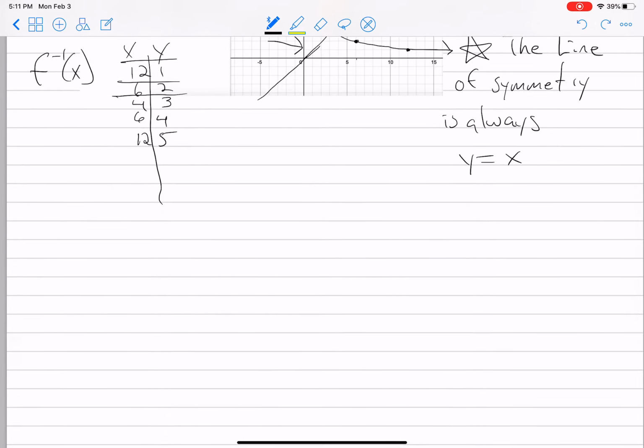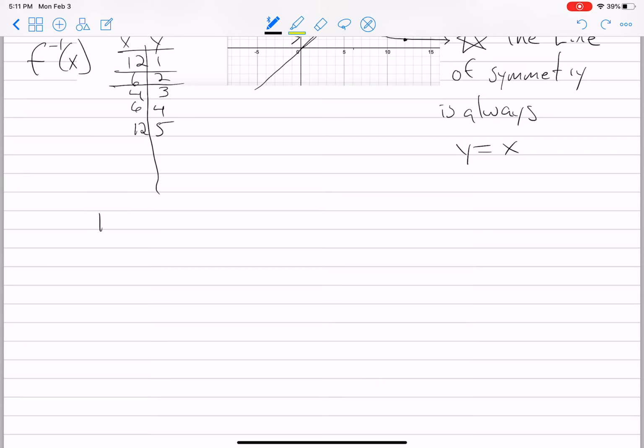And I'm not going to do this one. Example 2 says y equals 3x cubed. Ooh, that's a bad idea. X cubed minus 5. Okay?